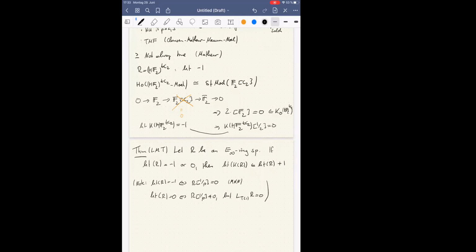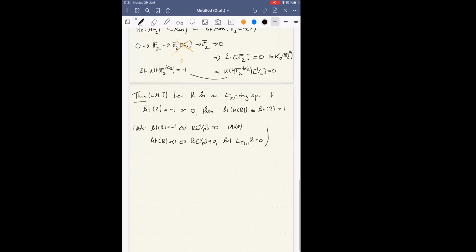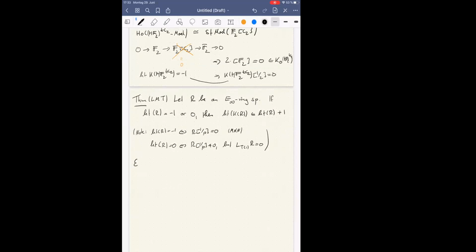Okay, so let me give some examples. Before I give an example, I'll make one remark. This version of chromatic homotopy theory which I presented is slightly less known than another version using Morava K-theories instead of the Tn.